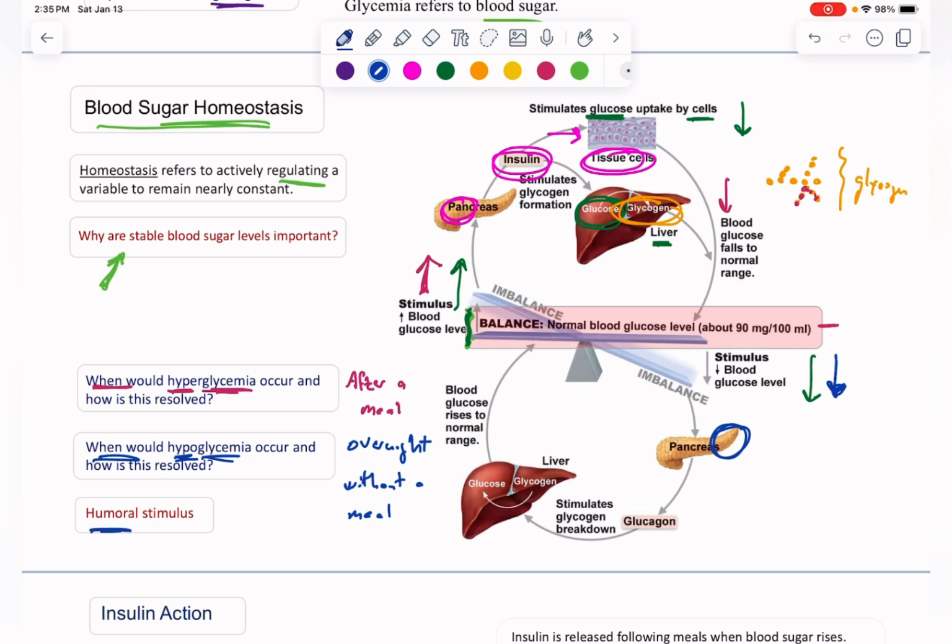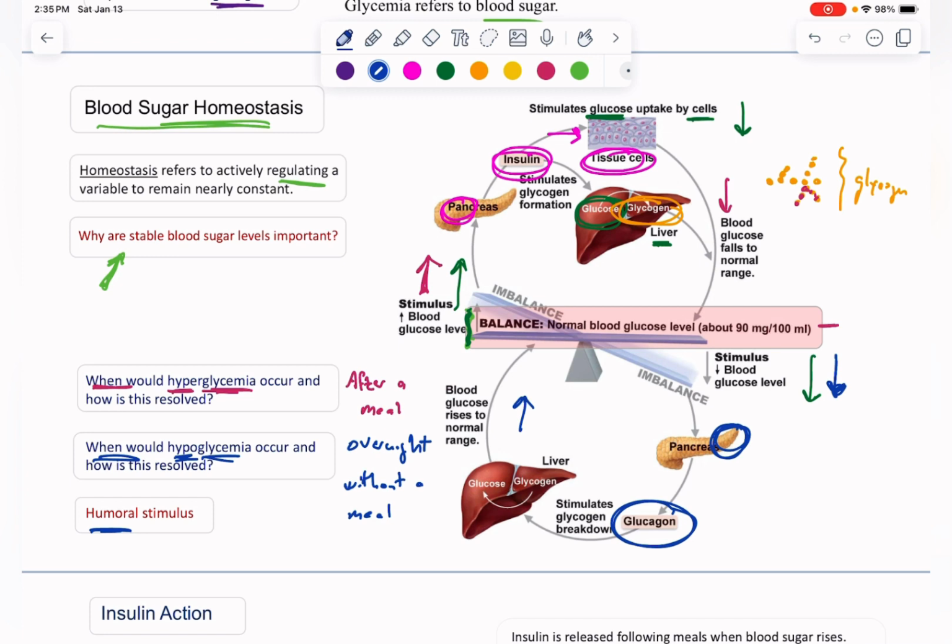So blood sugar is considered a humoral stimulus. Levels of blood sugar stimulate the pancreas to release hormones. But during hypoglycemia, when blood sugars are low, the pancreas is going to release the hormone glucagon from the alpha cells. And it's the job of glucagon to raise blood sugar back up to where it needs to be.